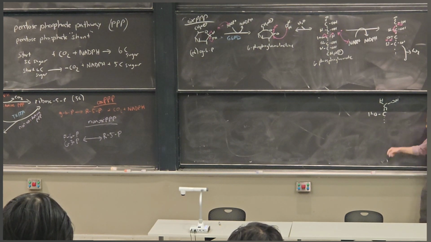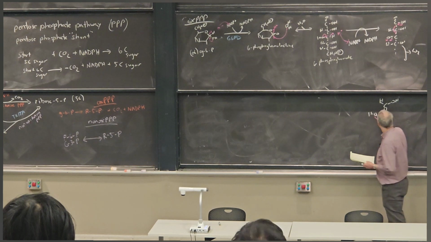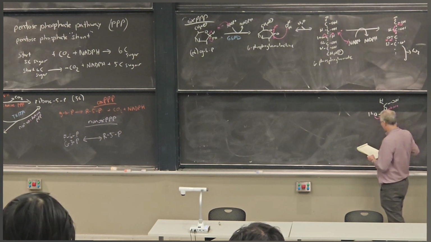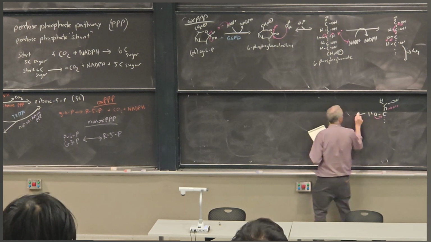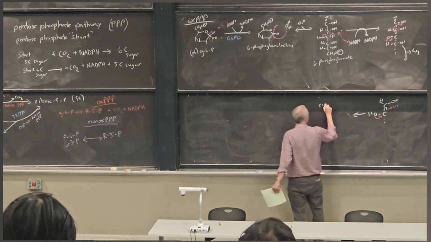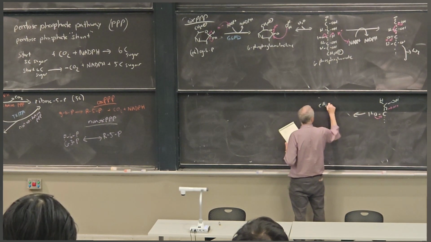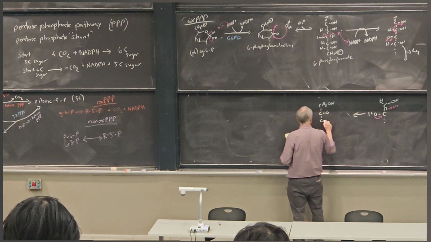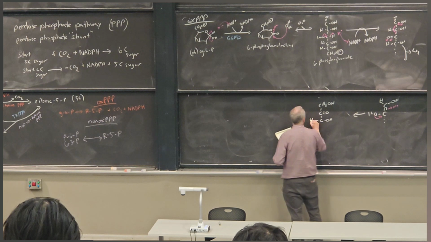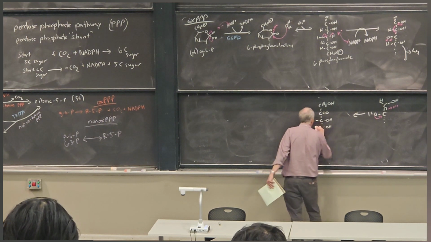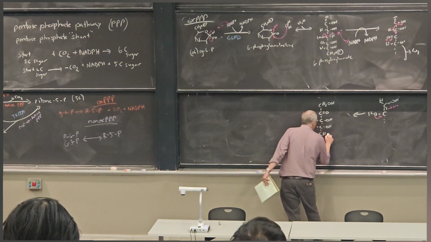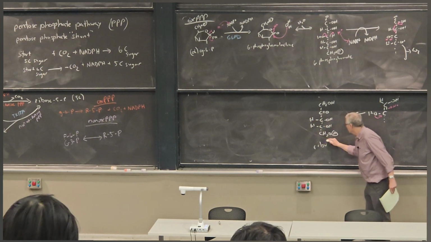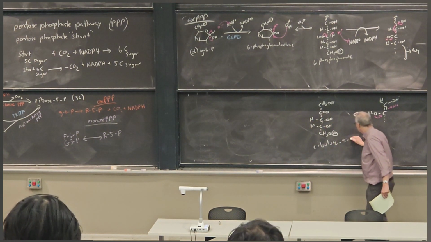This is an enol, and an enol likes to rearrange, and what I'm left with is a 5-carbon sugar, which I hope you recognize is ribulose 5-phosphate.